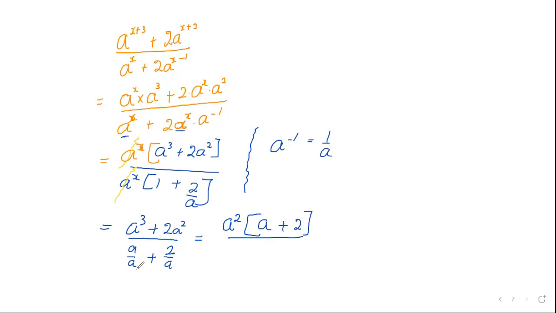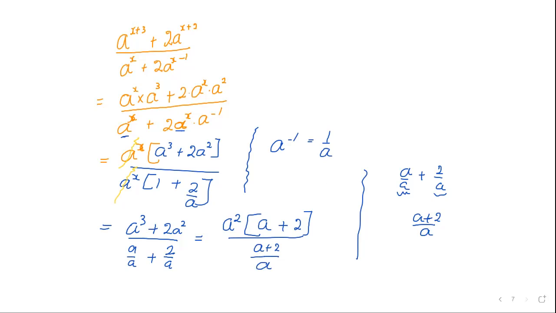On the bottom one here, let's see what happens there. I have a over a, plus 2 over a. The denominator is the same, so I only write it once. The top becomes a plus 2. Now it means on the bottom here, I have a plus 2 over a.